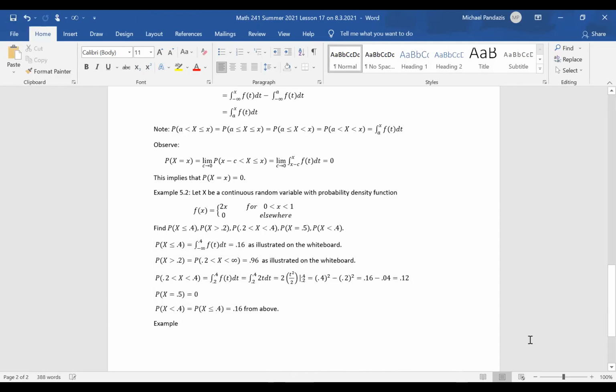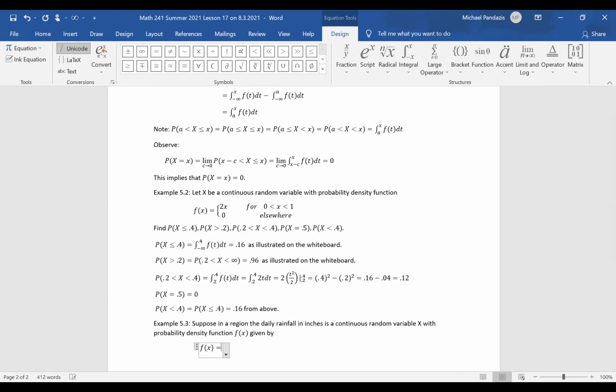Here's another example. Example 5.3. Suppose in a region, the daily rainfall in inches is a continuous random variable, capital X, with probability density function f of x, given by f of x equal to 3/4 times 2x minus x squared for 0 less than x less than 2 and 0 elsewhere.